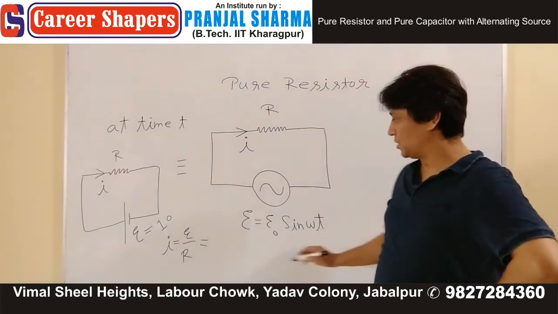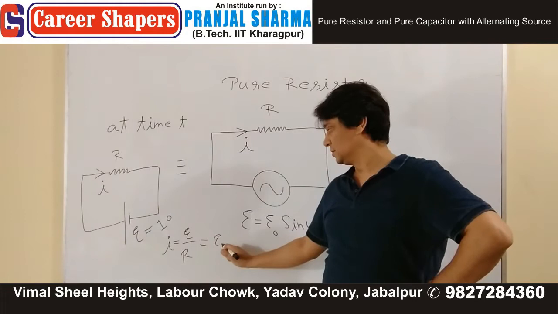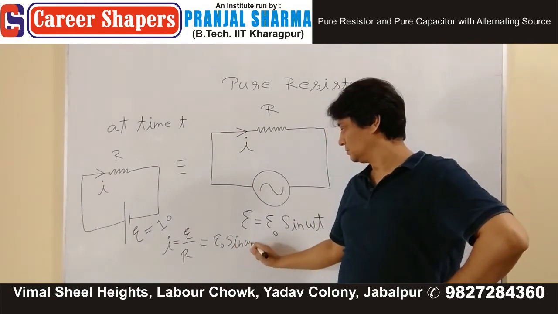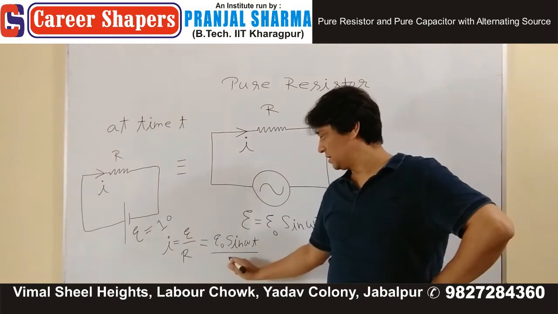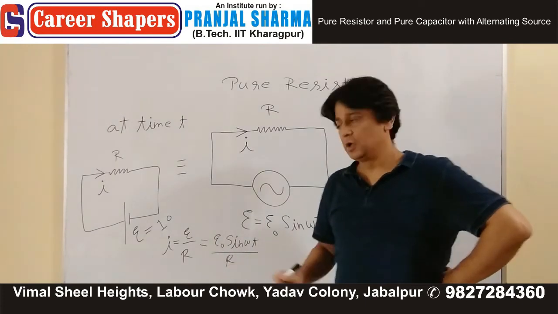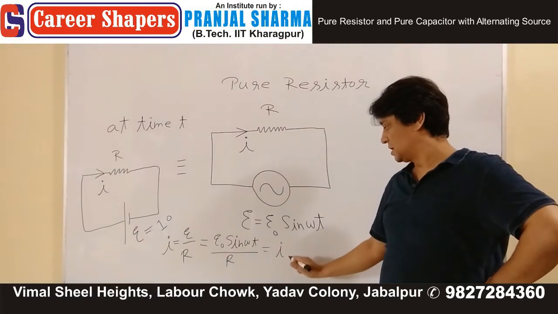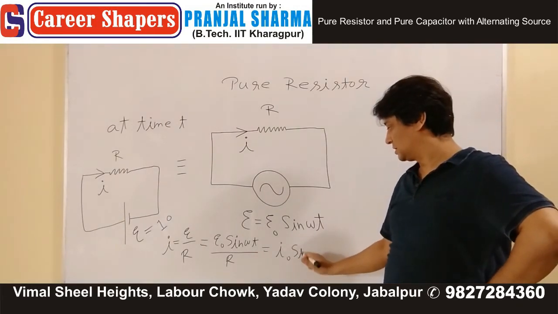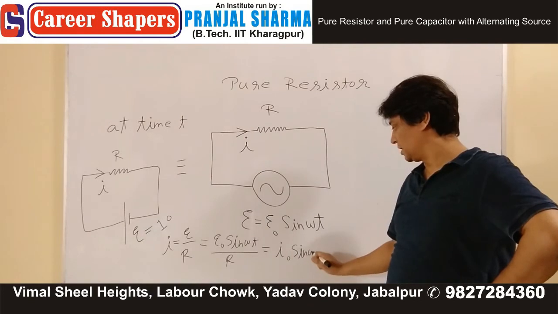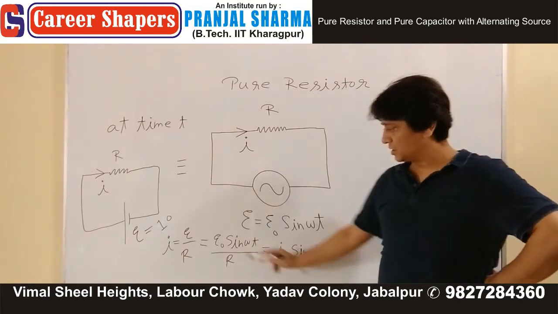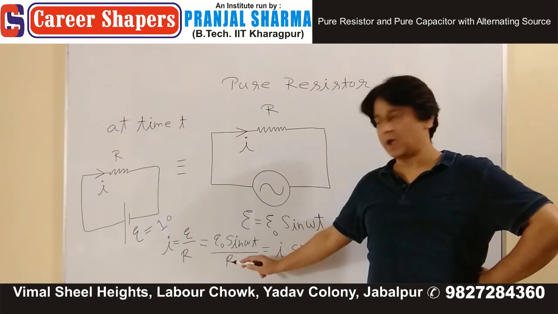E naught sine omega t divided by R, which we can write as E naught by R sine omega t. What is I naught? E naught divided by R.